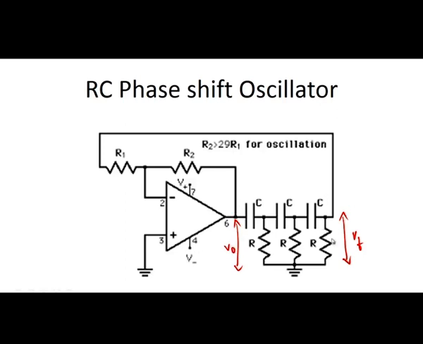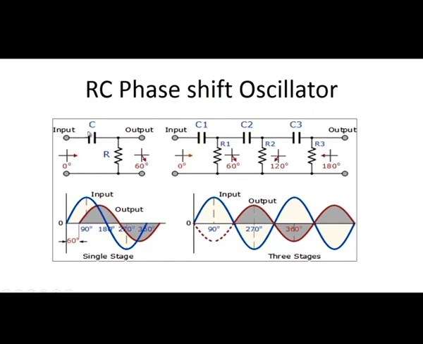So, now these 3 stages of RC combination are going to produce 180 degree. Each stage gives you 60 degree phase shift. So, this one stage R and C combination produces only 60 degree phase shift, and if you have 3 stages of R and C combination, then you will have 180 degree phase shift from the input to the output.